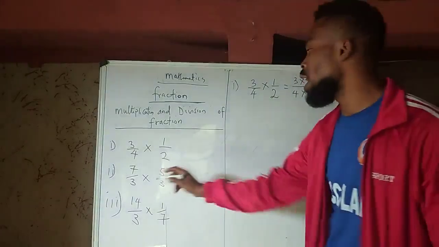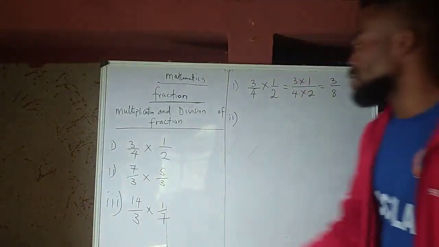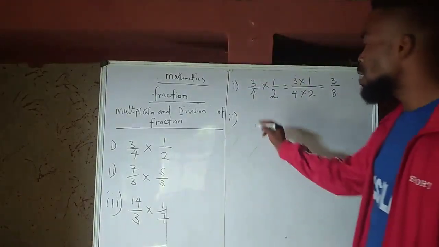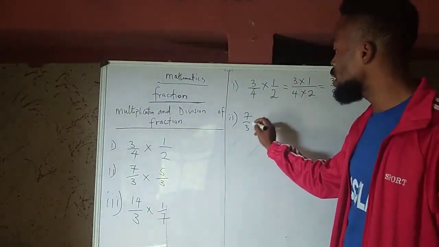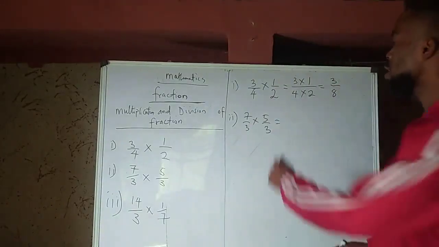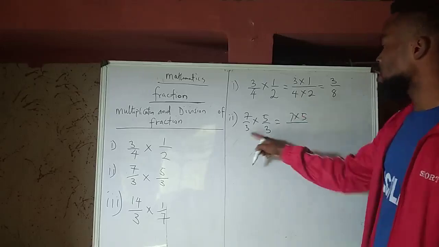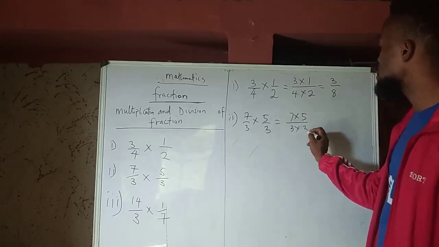Okay, so the same thing applies. By now I believe you should know how to get ahead with this one, where we have 7 over 3 times 5 over 3. This is simply going to be 7 times 5 all over 3 times 3.